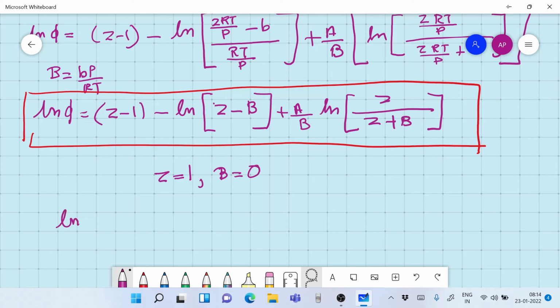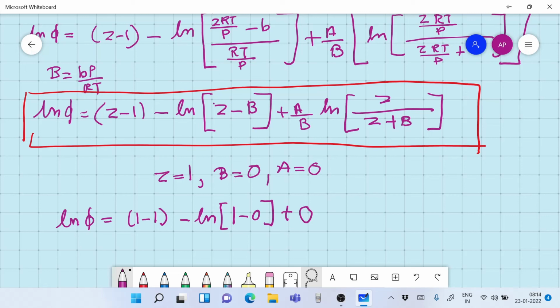We get ln phi equal to 1 minus 1 minus ln of 1 minus 0, and the last expression, that is A by B ln of z over z plus B, is going to be equal to 0. That is because A is 0 and B is 0 for an ideal gas.